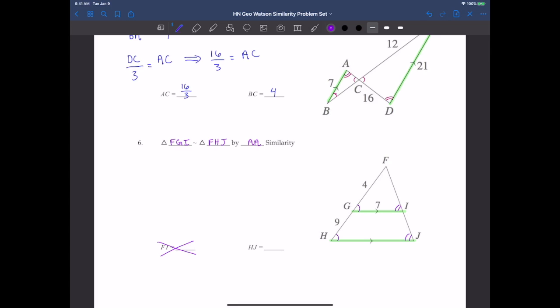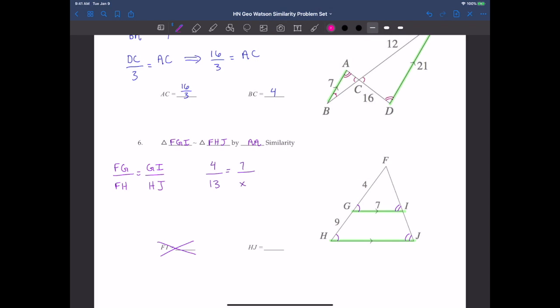We can start by noticing that FG and FH are corresponding sides, and GI and HJ are corresponding sides. This means that FG over FH equals GI over HJ. When we substitute, we get 4 over 13 equals 7 over HJ, and we'll just call that X.